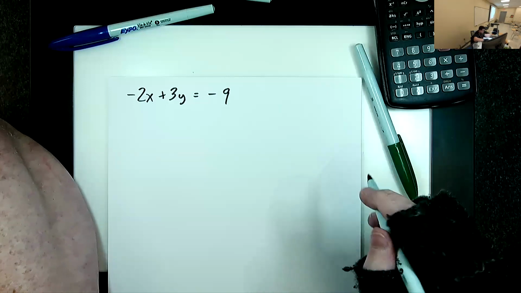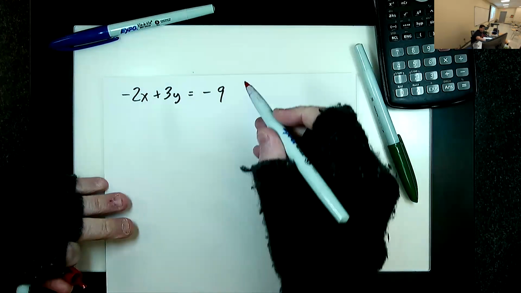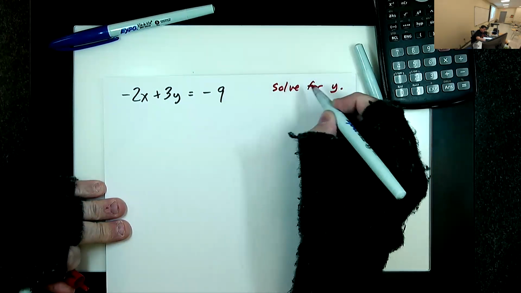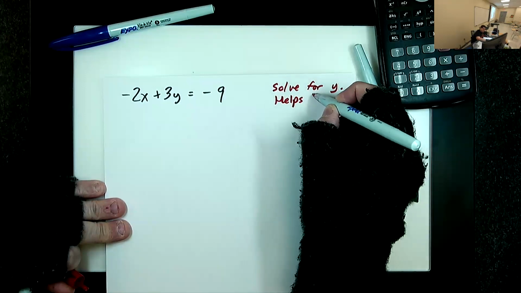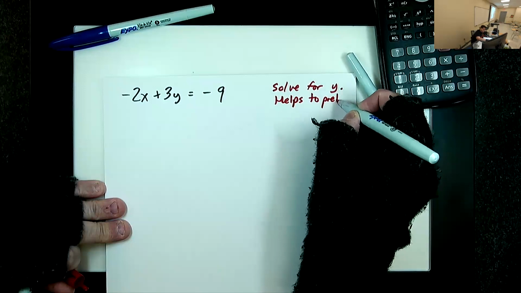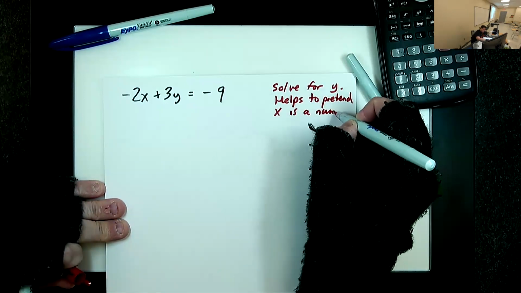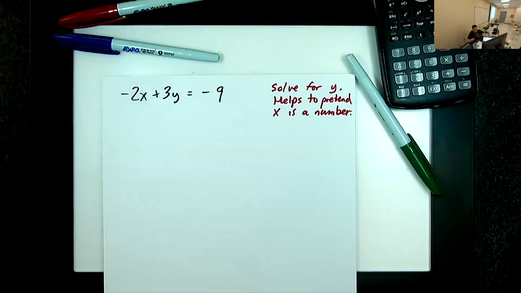What we want to do is solve for y. It helps to pretend x is a number, because then it looks like we just have 3y plus some number or minus some number.